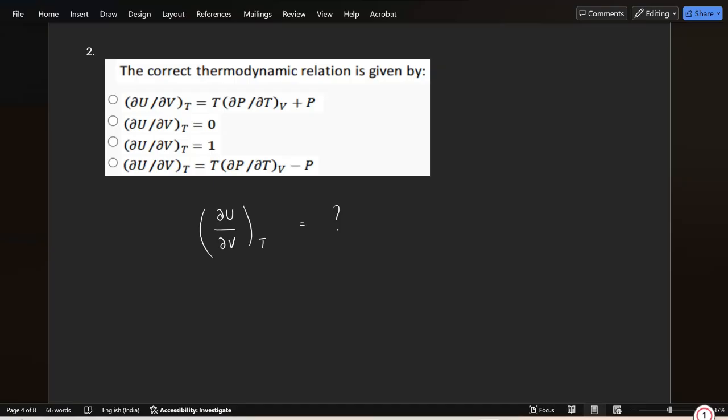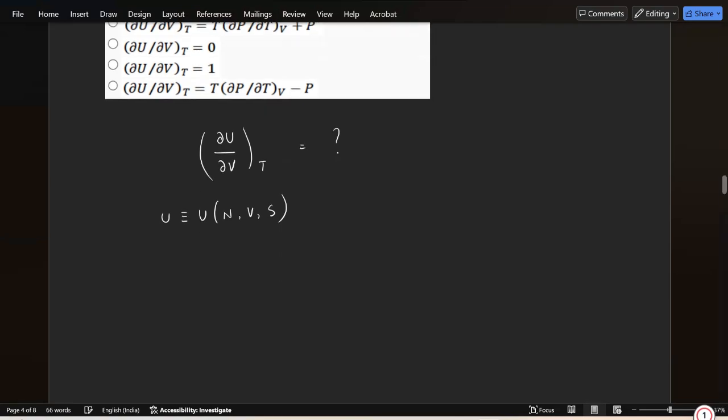First, let's see what U is. U has natural variables V and S, entropy. So we can write dU as T dS minus P dV.